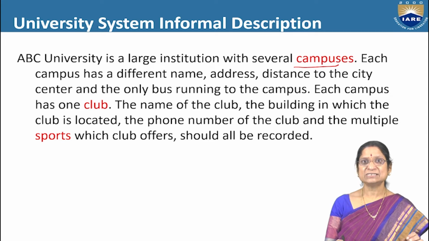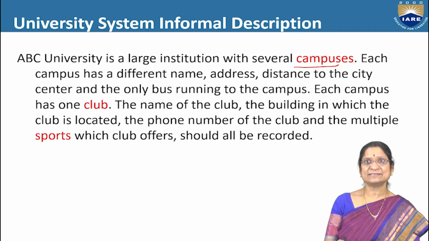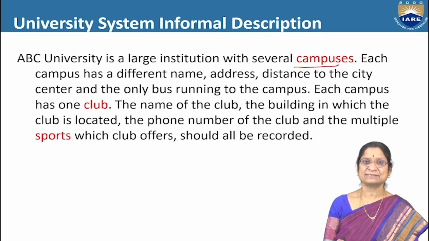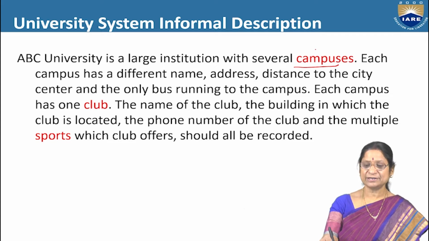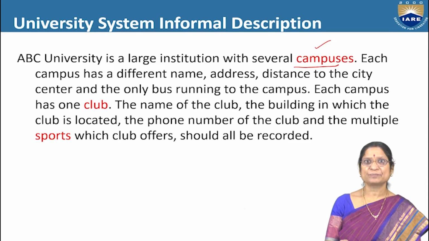So that's why campus information is required. What is the campus name and its address, etc. Each campus has a different name, address, distance to the city center, and the only bus running to the campus, etc. So that's why I need to consider campus as one of the entity sets or relations in which the data has to be stored further.